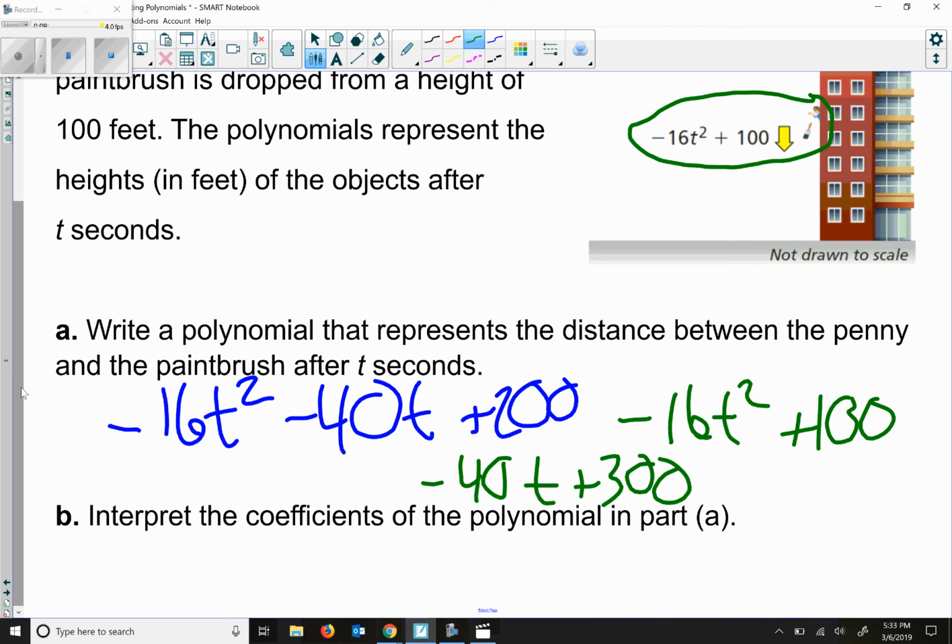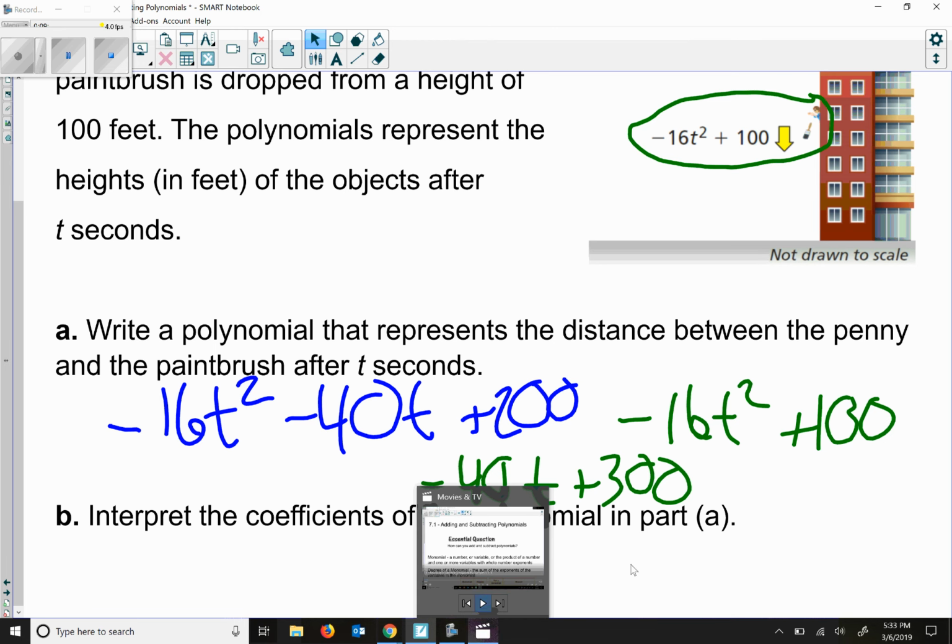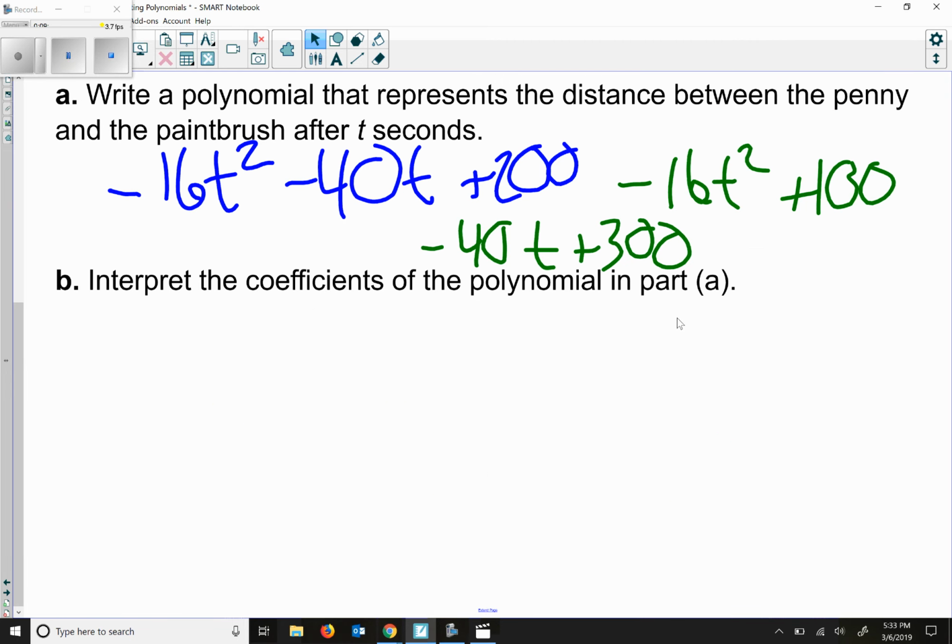Okay, then part B says interpret the coefficients of the polynomial in part A. So if you think about like all of the coefficients that you have, basically as the value of t increases by 1, the value of negative 40t plus 100 decreases by 40.